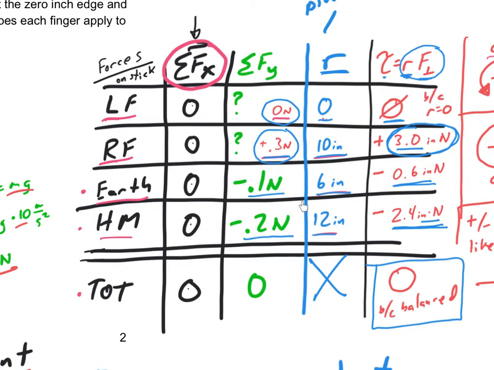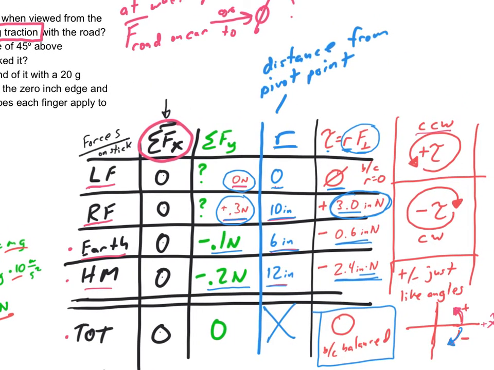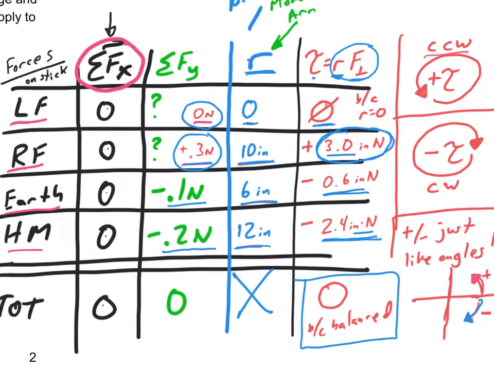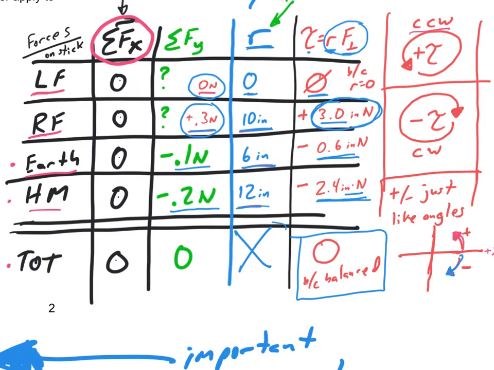That is called the moment arm, R. Those were already drawn on the stick earlier: 0, 6, 10, and 12 inches. There's no reason to add those together. They aren't forces worth adding together. They're just distances. So I just put a big X to say, no, that doesn't even make sense to talk about.